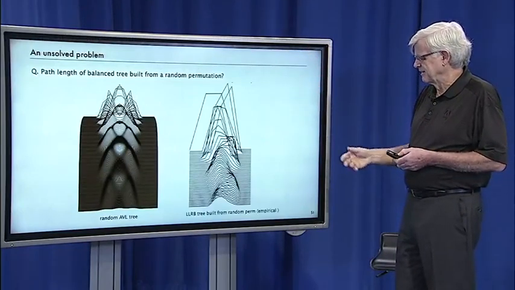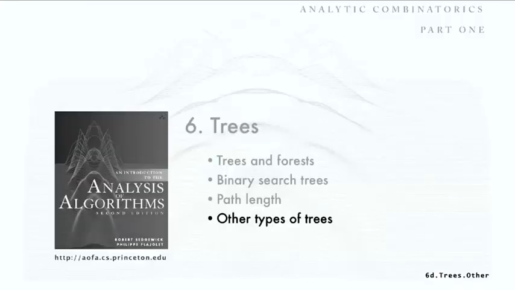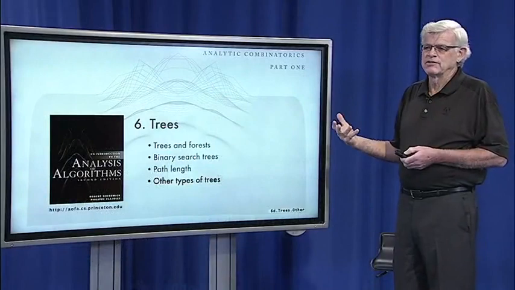There's that plot, and this is an empirical plot for LLRB trees. It seems to have some of the same characteristics, but still we're not close to understanding how to determine the path length of a balanced tree built from a random permutation. The other ones, random AVL trees and random 2-3 trees, have been studied with analytic combinatorics, and we'll touch briefly on that in part 2. Okay, so that's a brief summary of other types of trees.